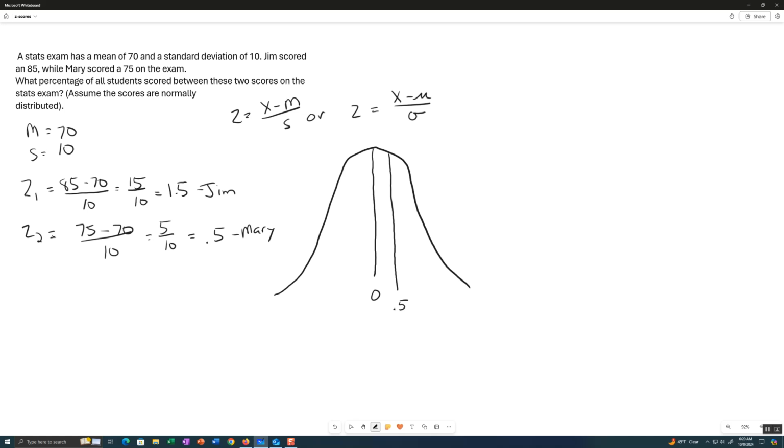And then Jim is out here, approximately 1.5. And we want the shaded piece. We're looking for the percentage of scores in this shaded area. Well, according to the normal distribution table, which I'm going to show you now.